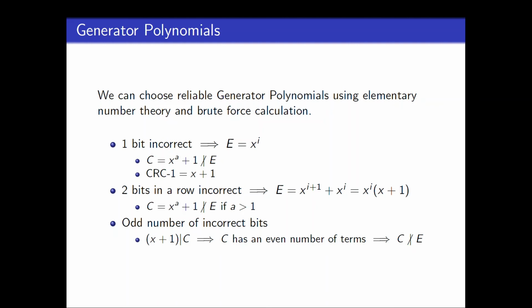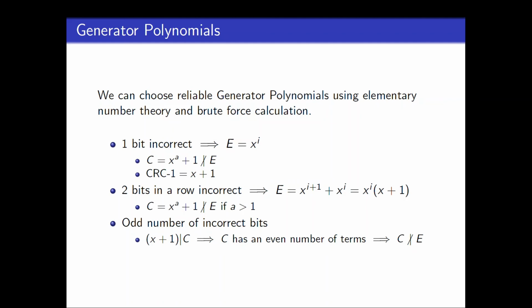But this is easily fixed by just choosing x to some power that is not 1 plus 1, and we will still be able to detect that error. Now, using nice properties of the polynomial ring over the Galois field of order 2, this one is a little more complex, but if our generator polynomial has one of its factors being x plus 1, then as we expand out our generator polynomial, as we multiply the rest of C by x plus 1, we're going to always have an even number of terms.